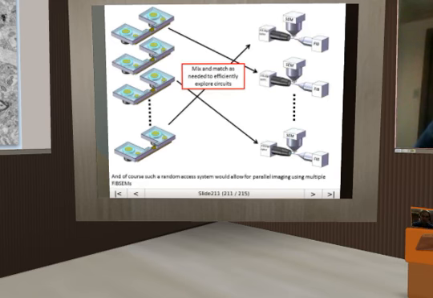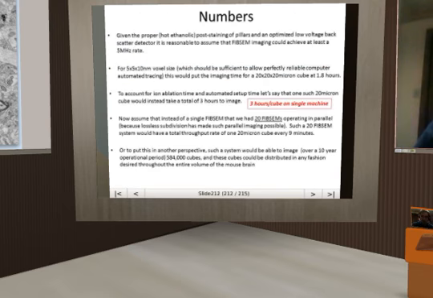And of course, such a random access system would allow for parallel imaging using multiple FibSims.